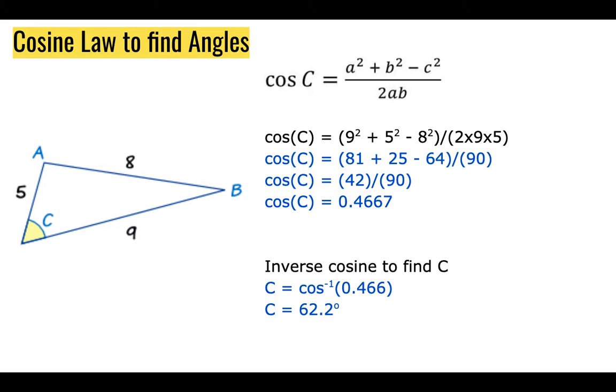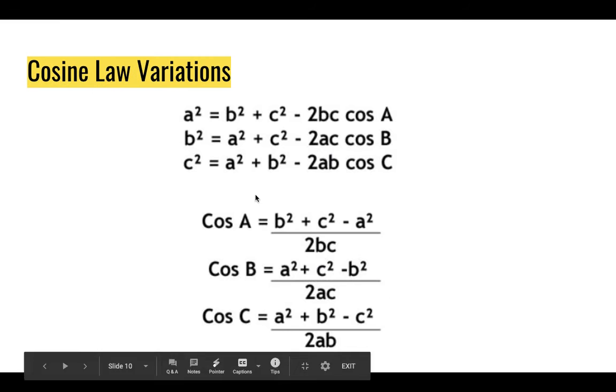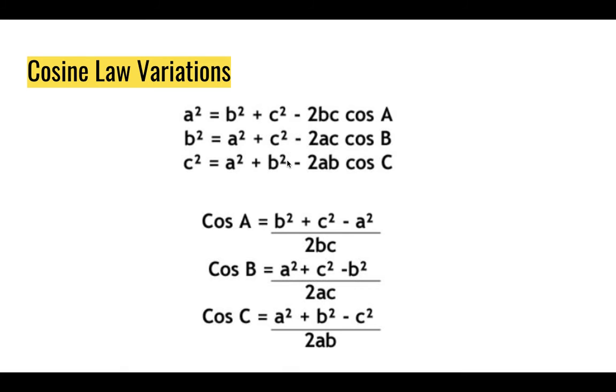So what I'm going to show you here are all the variations of the cosine law. So I just showed you the equations that had C on the left-hand side. And the reason why I did that is because you don't actually need to know these other versions.